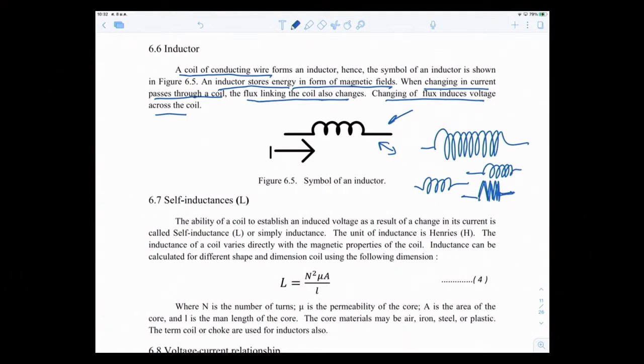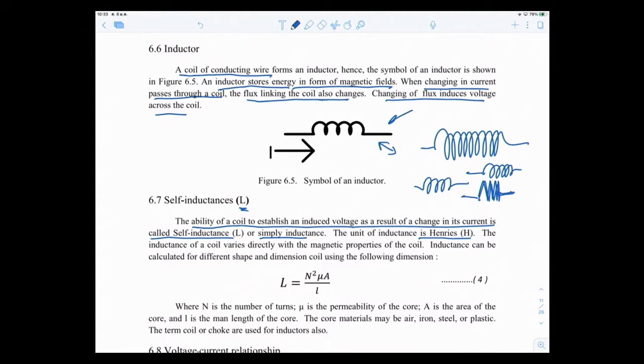In this class we just learn self-inductance L. Self-inductance is the ability of a coil to induce voltage as a result of a change in its current. It induces the voltage by itself, in a way. The unit is the Henry, capital H.